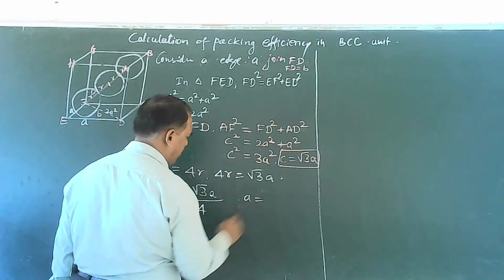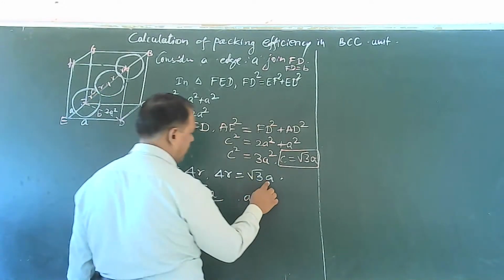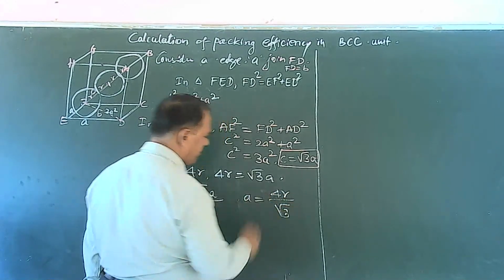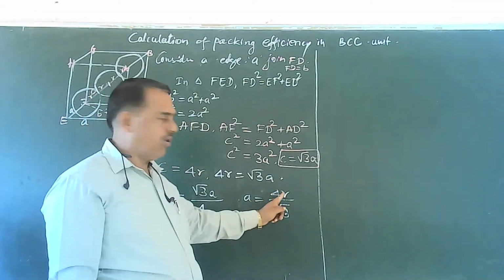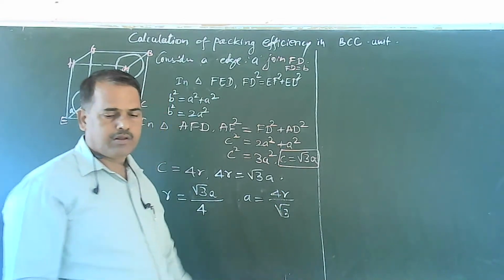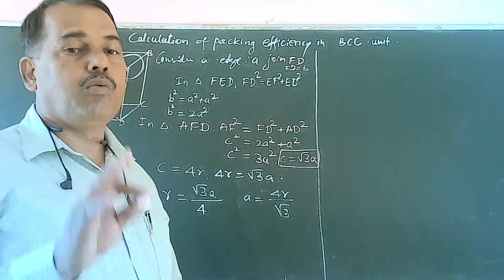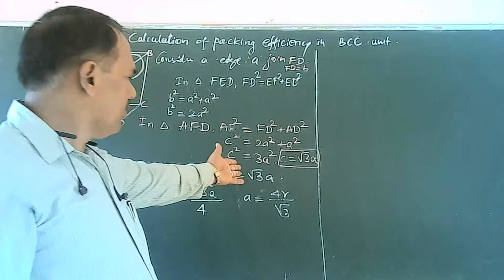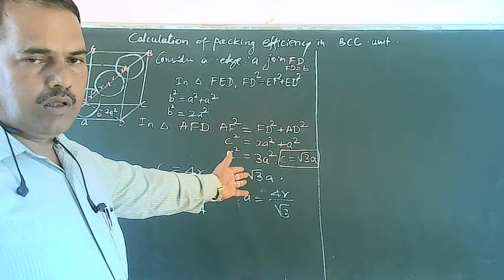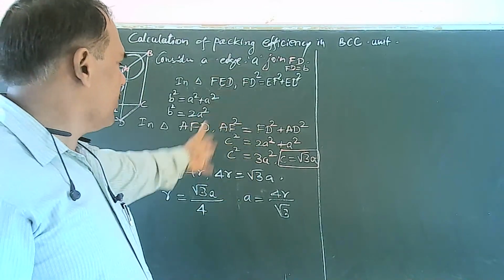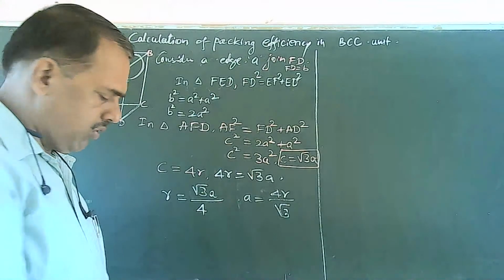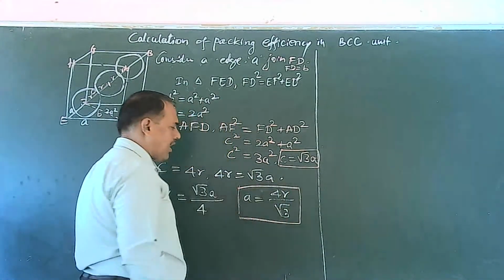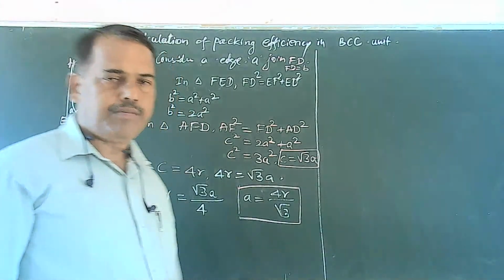We got A is equal to 4R by root 3. Are you clear? So you may get some CET question. They are going to give the radius of the sphere in BCC. You have to calculate the edge length. So you have to remember, A is equal to 4R by root 3.